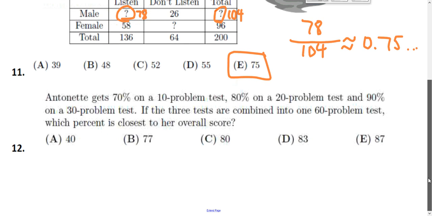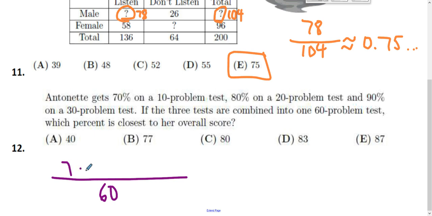The other question was about Antoinette. Nice job, Antoinette. Getting 70% on the short test and then doing a little bit better when it got longer and really well when it was long. So here's the thing. There are 60 problems on the whole enchilada. How many did Antoinette get right? Well, she got 70% out of the first 10. So that's 7.